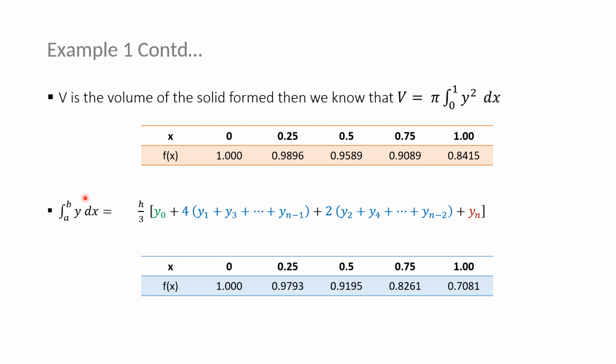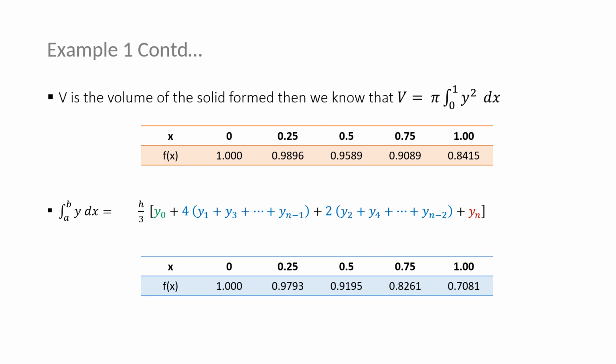So first of all, a is the lower limit, so a is 0. Again, you can see here that the first data point is known at x equals to 0. Then the upper limit of integration b is 1, and this matches with the last data point given in the data set. And then this integration is multiplied by pi.